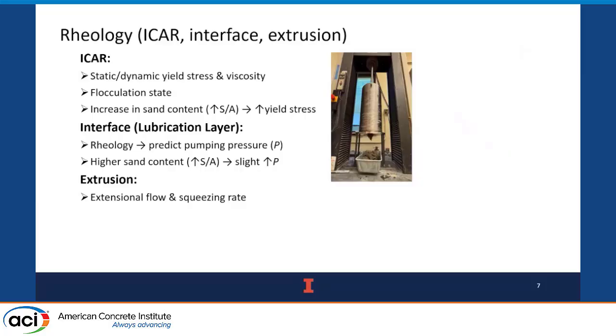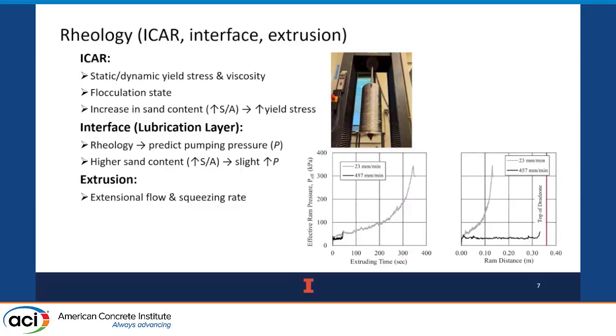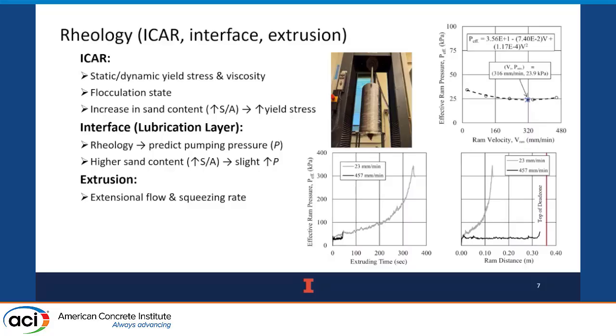Then our last rheological test was measuring the extensional flow properties and also picking up on some of the squeezing rate information with our ram extruder. The point with these figures is to identify that rate is extremely important, especially when you have no admixtures or other cementitious material in your paste.